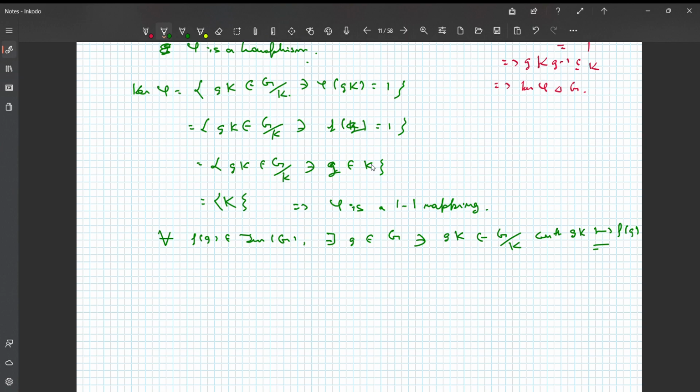So every image has a pre-image GK, right? So it's an onto function. So it's a 1-1 mapping, it's an onto mapping, it's a homomorphism, therefore it's an isomorphism. Therefore G mod kernel of F is isomorphic to the image space of F. Clear?